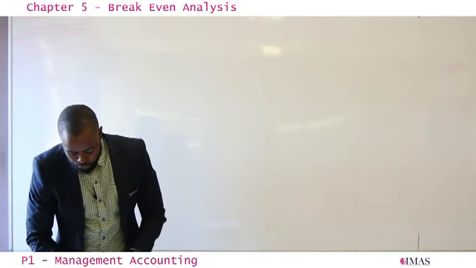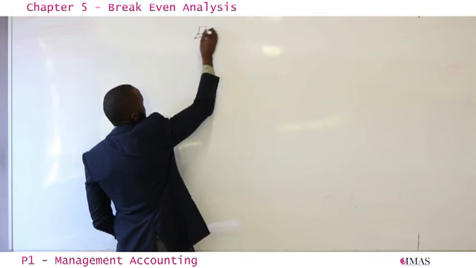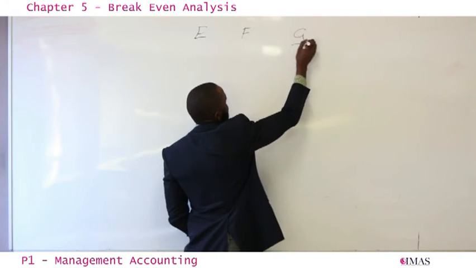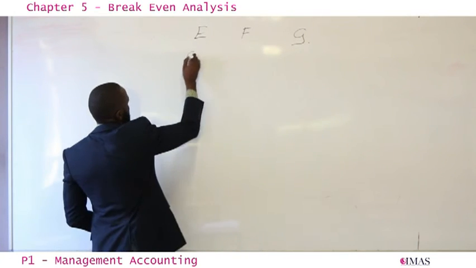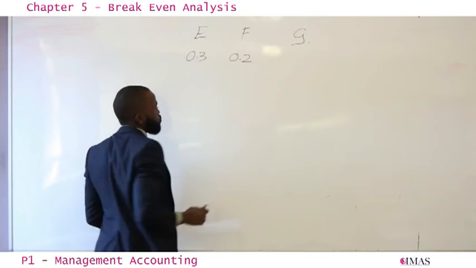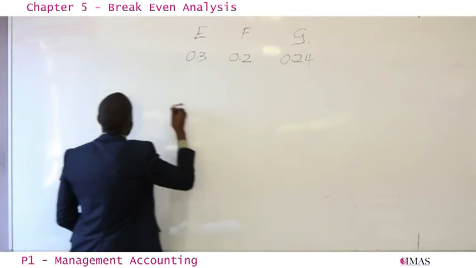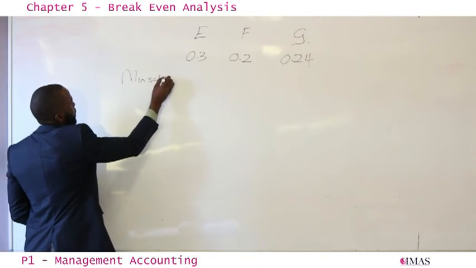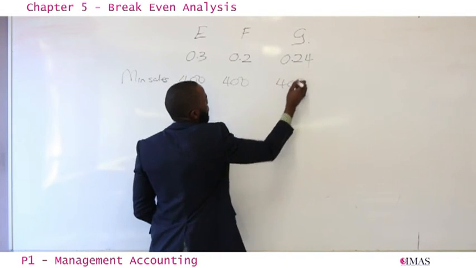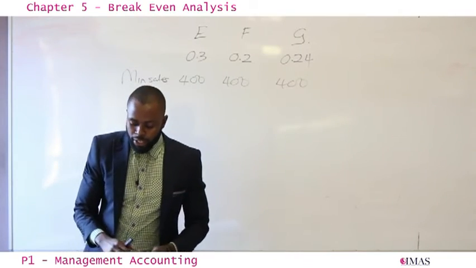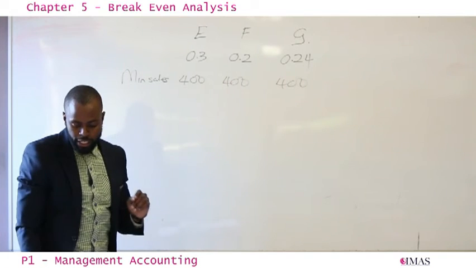Our minimum sales values are 400 for each product: product E, product F, and product G. And the contribution to sales ratios are 30%, 20%, and 25%. So we're making an assumption that first we're going to have to sell 400 of each of E, F, and G.